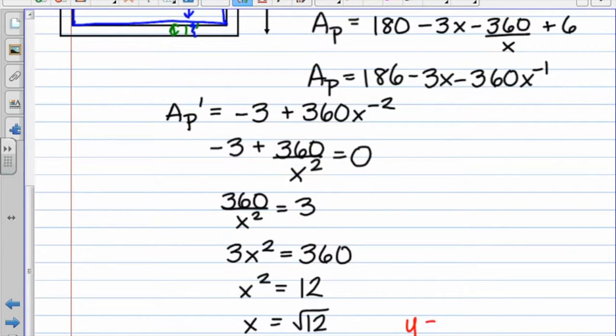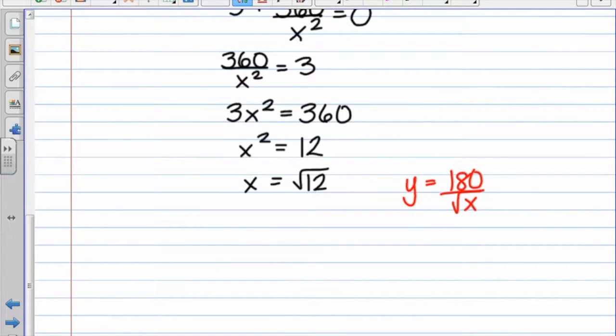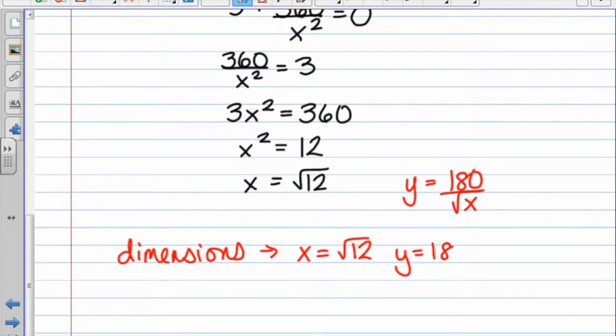So my y dimension is 180 over root 12. So now I know my dimensions are going to be root 12 by 180 over root 12. I'm sorry, I wrote root x again. I'll fix that in a moment.